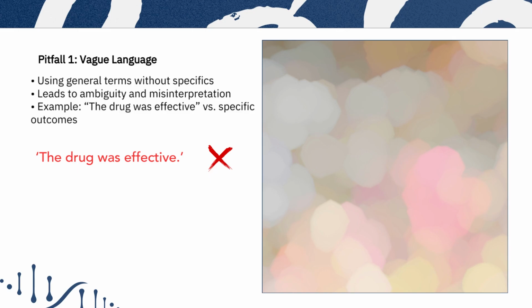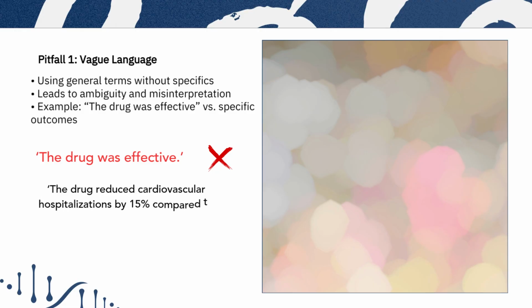Now, compare that vague statement to something precise. The drug reduced cardiovascular hospitalizations by 15% compared to standard of care in patients with type 2 diabetes. Suddenly, the meaning is crystal clear. There's no guesswork, no ambiguity.